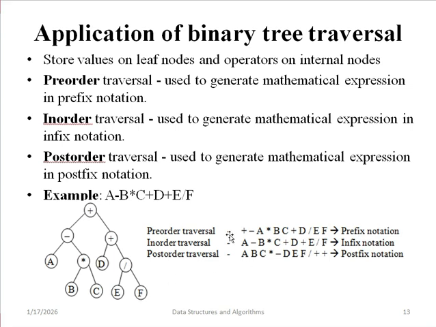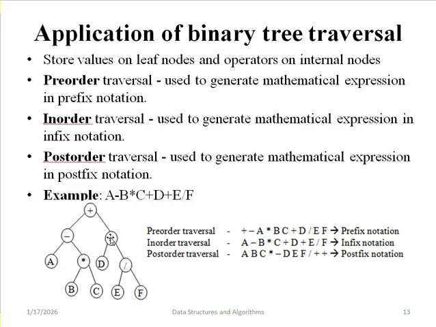Once we have constructed this tree, we can traverse it and get the prefix notation using pre-order traversal: parent, left, right. So parent, addition, this also parent, subtraction, left A, then to the right this is parent, to the left B, then right C. Then we finish this subtree, then again move to the right.